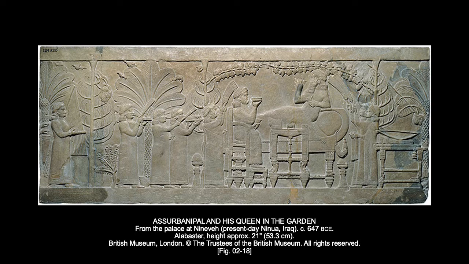But again, this is all done in low relief. There's not much variation in the depth of carving. All of the imagery is sort of on the same shallow level, and instead the artist has used techniques such as the overlapping of forms or the variation of scale to suggest depth within this scene.